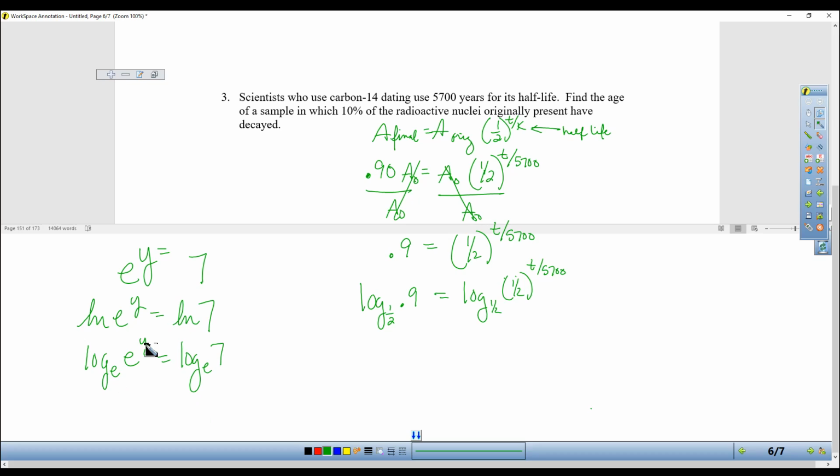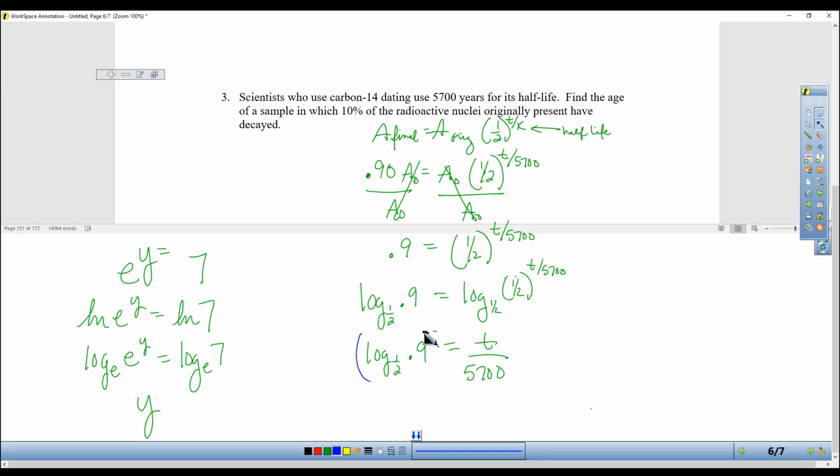So log base e of e to the y just makes y. Similarly, log base 1/2 of 1/2 to the T over 5,700 is just T over 5,700. A log base 1/2 undoes a base 1/2. Okay, you can do this on your calculator.